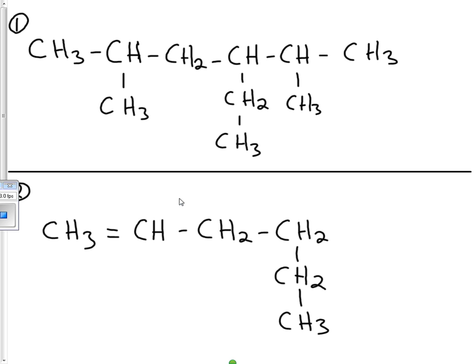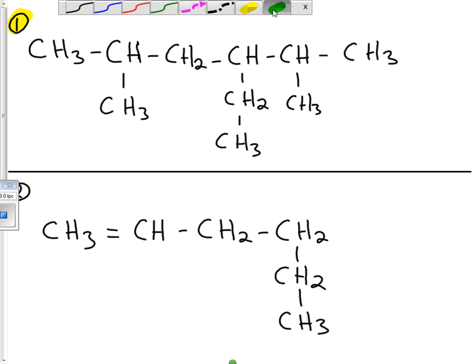All right, so your first step when naming organic compounds is you need to find the longest continuous chain. So let me find my highlighter here. We're looking at example one right now. When we look at this, we need to find the longest continuous chain. When you're looking at these organic compounds, they're not always going to be in a straight line.